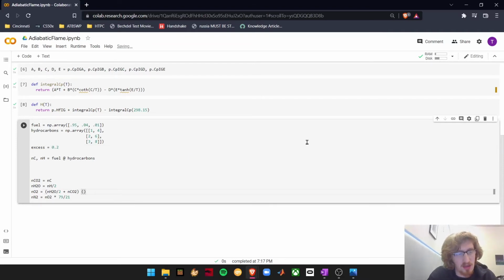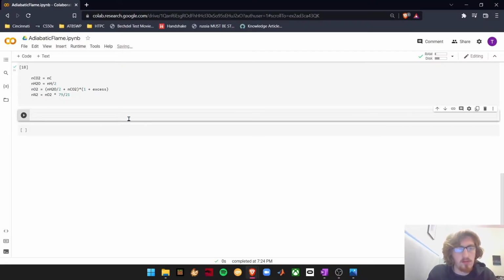And thinking back on this, any excess air that goes through the system is just going to need to be heated up, but it won't take part in the reaction. So to get our number of moles of oxygen, we just need to multiply by the amount of excess air we have. And then we don't need to do anything for our nitrogen because it's already defined in terms of oxygen. And since we're keeping a constant ratio of nitrogen to oxygen, we should be good.